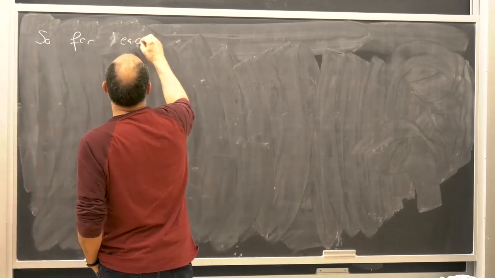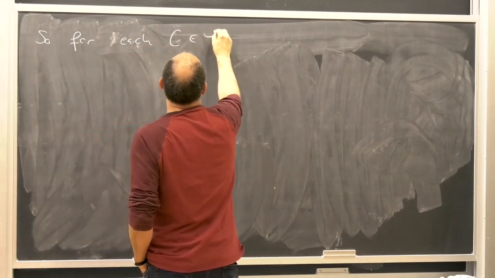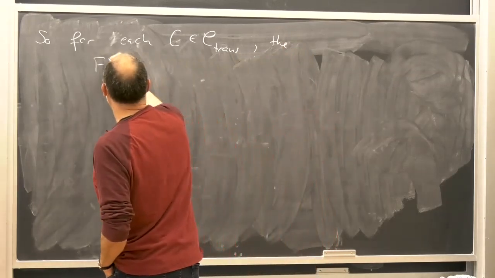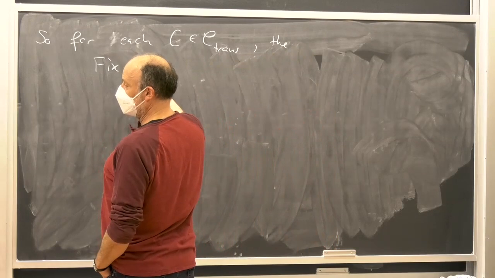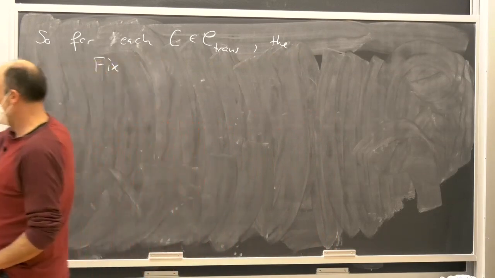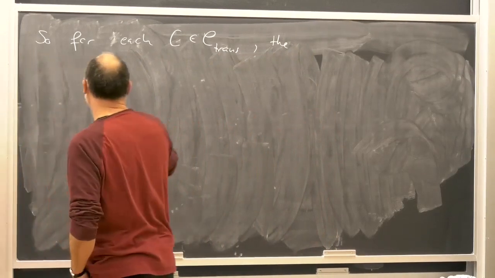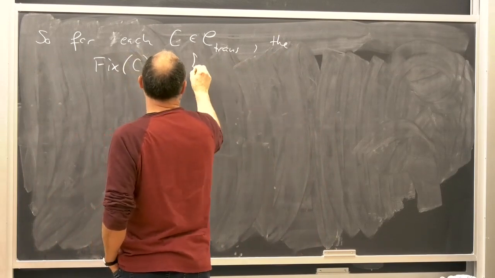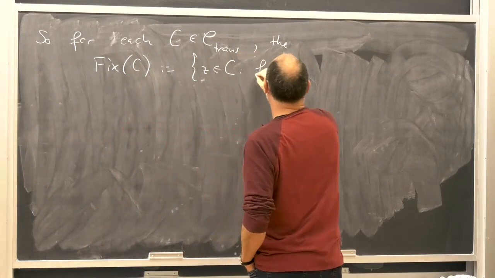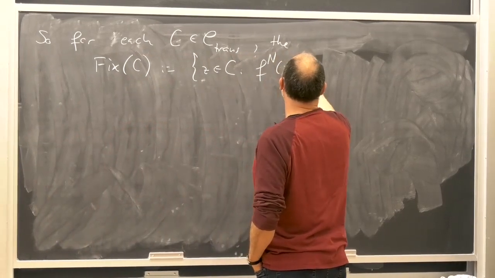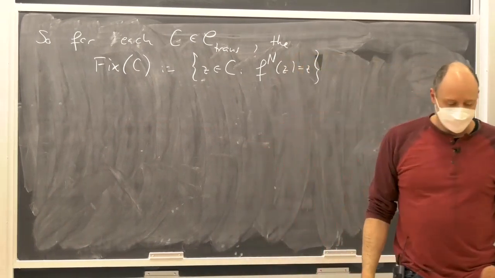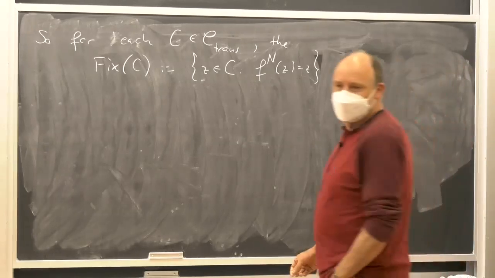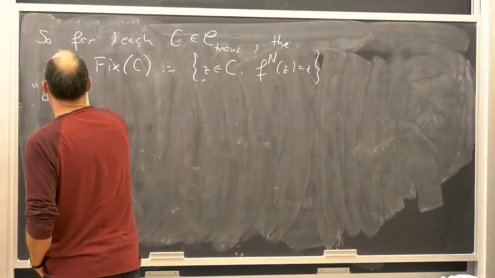For each transverse cell C, I can look at the set of fixed points of this iterate of F in C. Fix of C is just the set of all Z in C such that F^n of Z is equal to Z. So this codes all the cycles that intersect C, in this sense.